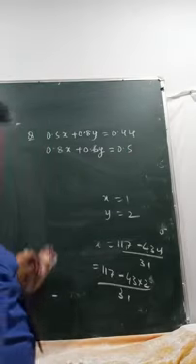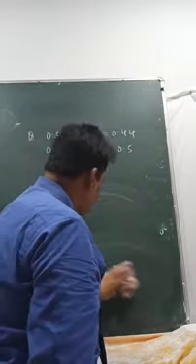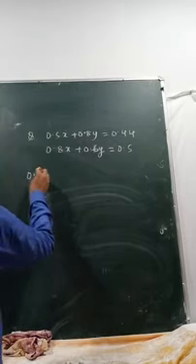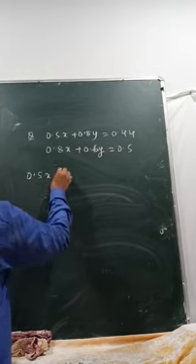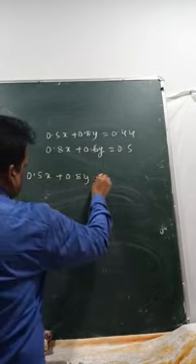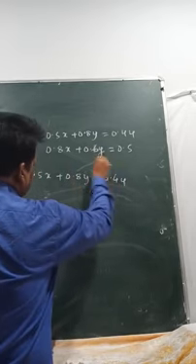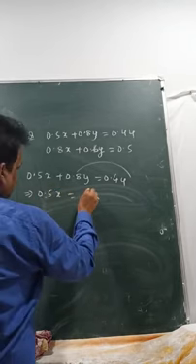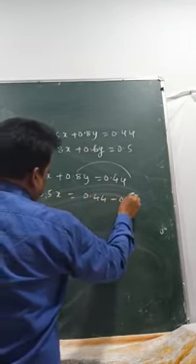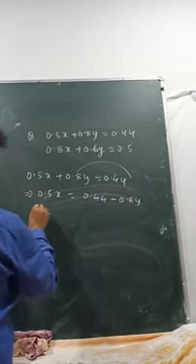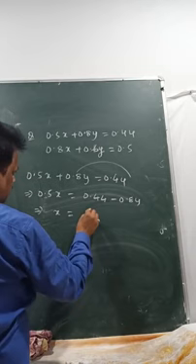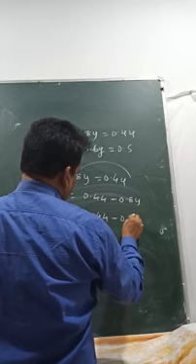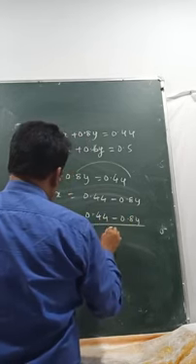Okay, how to solve? Substitution method if you want to do, what you have to do here? Now see the first one. 0.5x plus 0.8y equals 0.44. Let's take this one to this side. 0.5x equals to 0.44 minus 0.8y. x equals to (0.44 minus 0.8y) by 0.5.